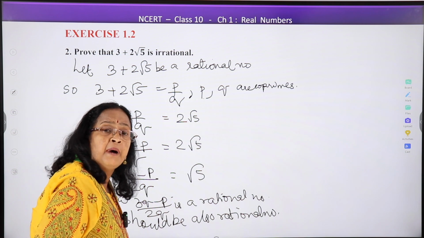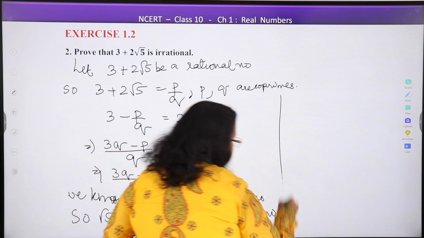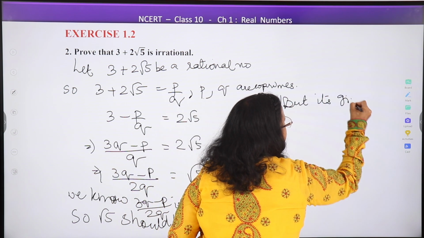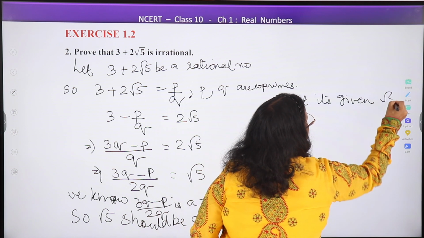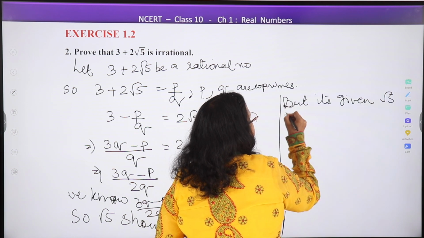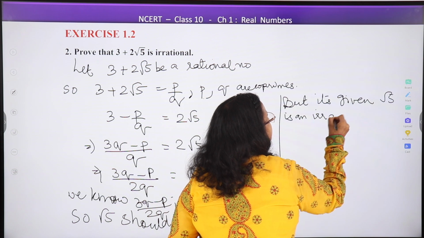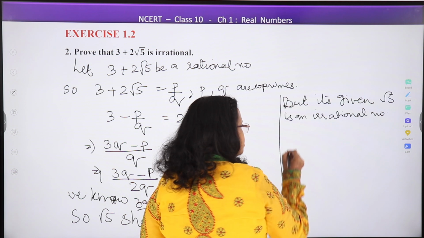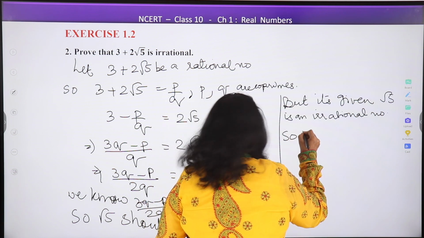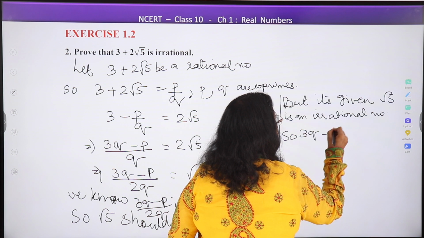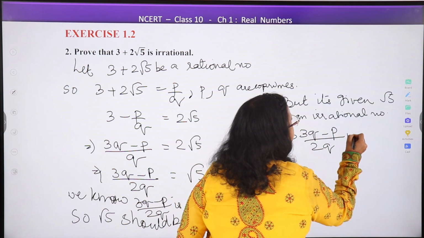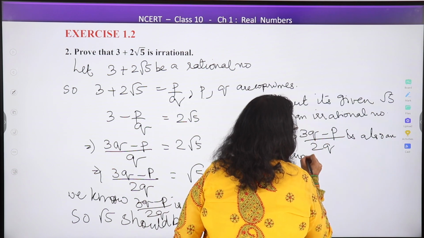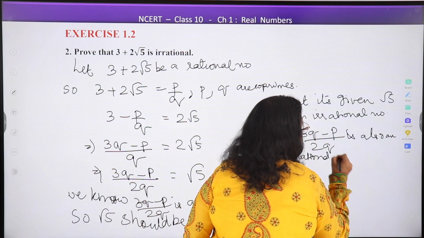So root 5 should be a rational number, but it's given root 5 is an irrational number. So 3q minus p by 2q is also an irrational number.